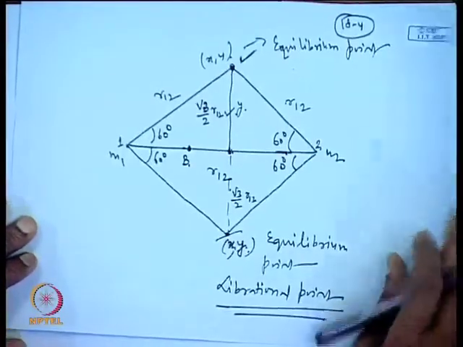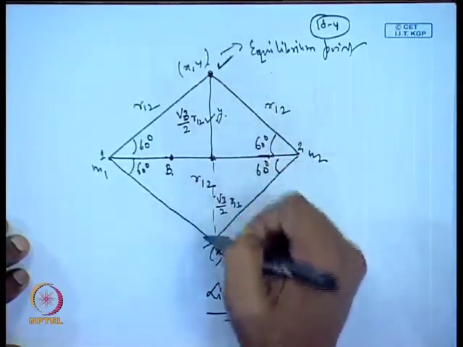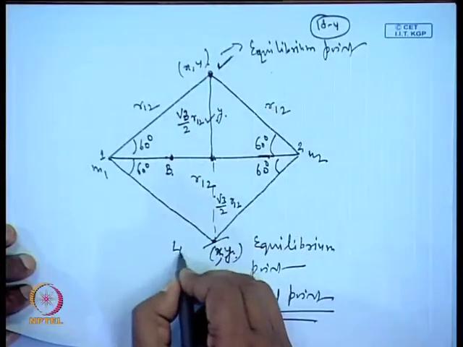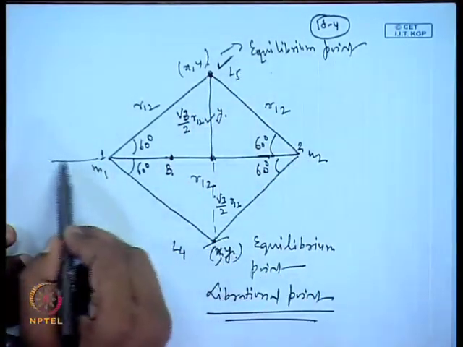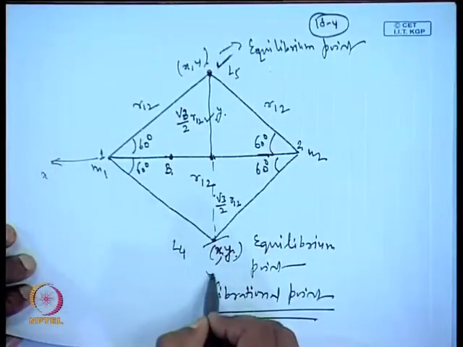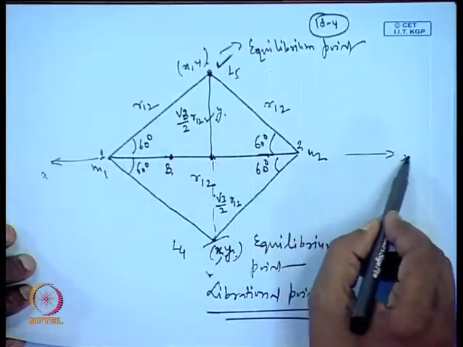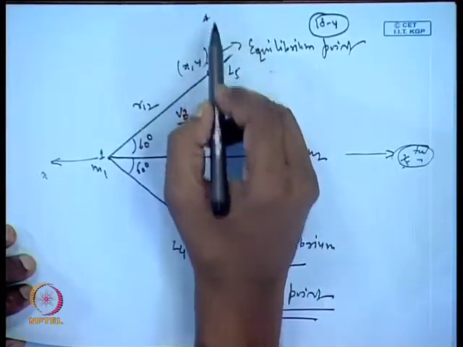Moreover, in this figure you can see that these points are lying at the same distance on both sides. So if we name this L 4, this will naturally be called L 5. We have chosen x in this direction and y positive in this direction, and vice versa, if we choose x positive in the other direction, y will be positive in this direction.